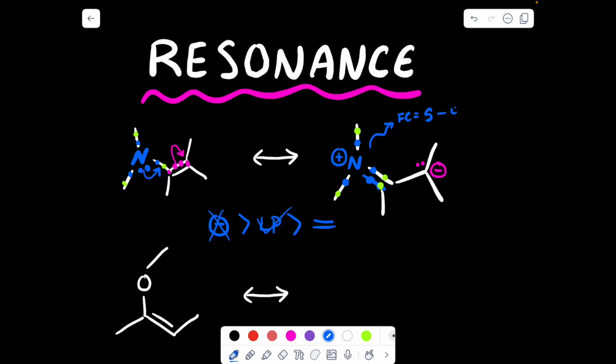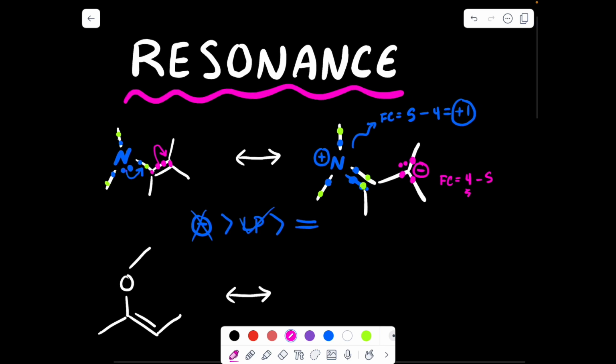And then we would minus off 4, so overall it would be plus 1. Then this carbon owns 1, 2, 3, 4, 5 electrons. So the carbon's formal charge would be 4, found on the periodic table, minus 5. So that'd be negative 1. And this would be our resonance hybrid.